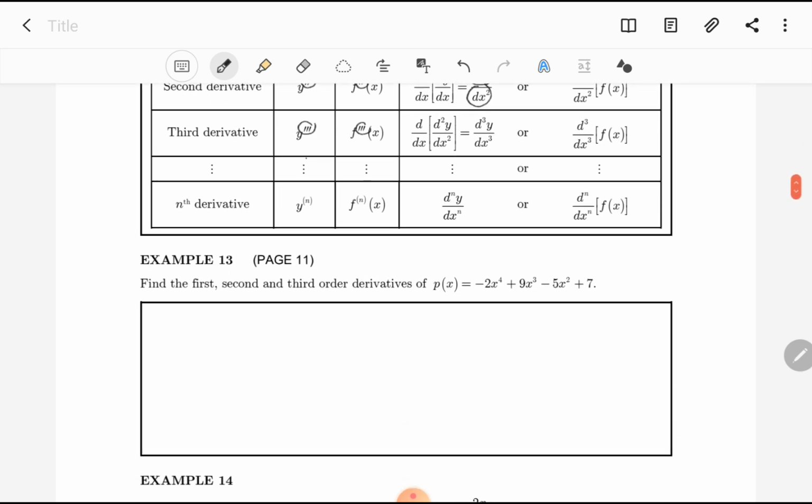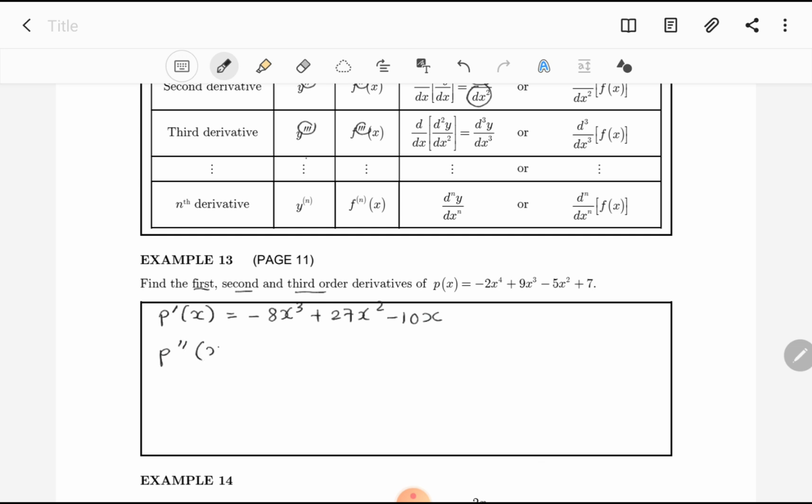Example number 13, page 11. Find the first, second, and third order derivatives. So p prime of x, the first order, will be negative 8x to the power of 3 plus 27x squared minus 10x.